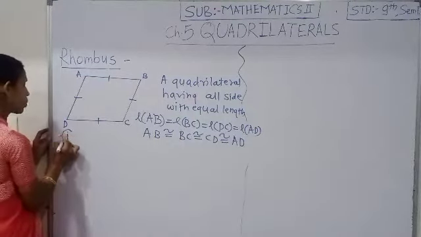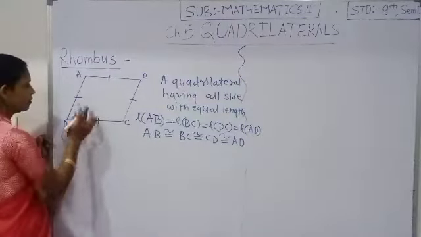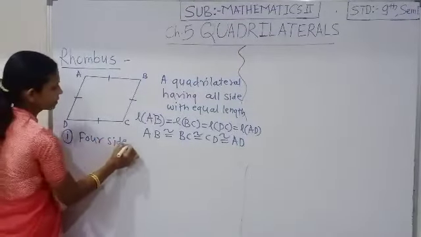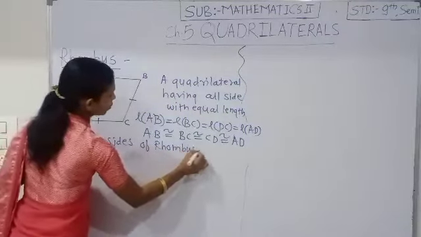Then we can write the properties of rhombus. The first property is that all four sides of a rhombus are congruent.